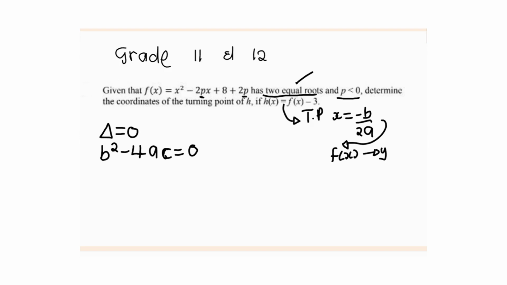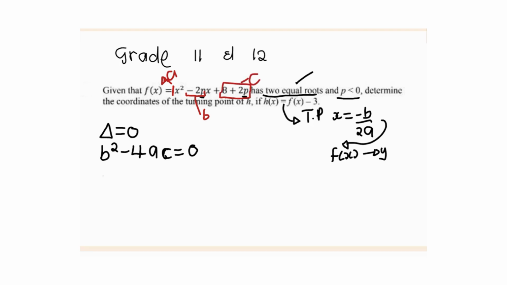Meaning if we go back there, x squared has a coefficient of 1, so our a is 1. x has a coefficient of negative 2p, which makes this our b. And we only have 8 plus 2p left, which makes it c.